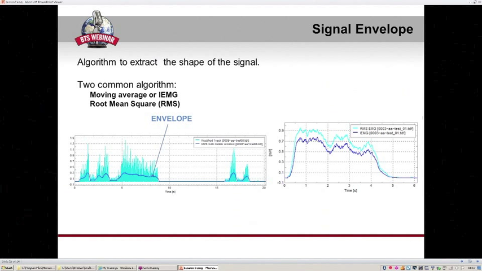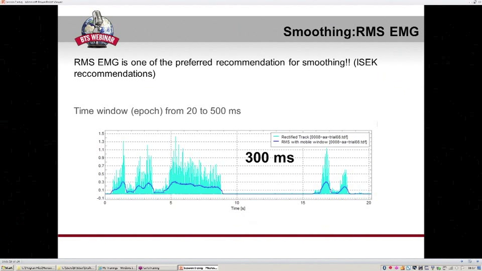In the moving average, a certain amount of data are averaged based on a user-defined time window. The root mean square is based on the square root calculation and reflects the mean power of the signal, and is the preferred recommendation for smoothing, as it is from Isaac recommendation.